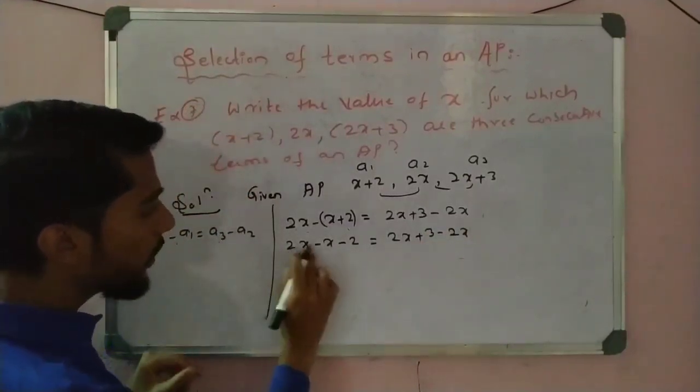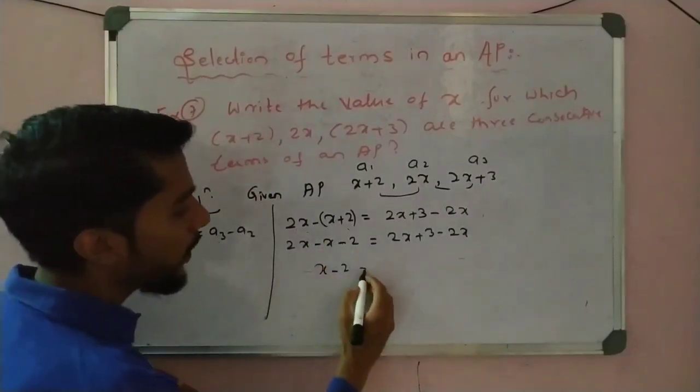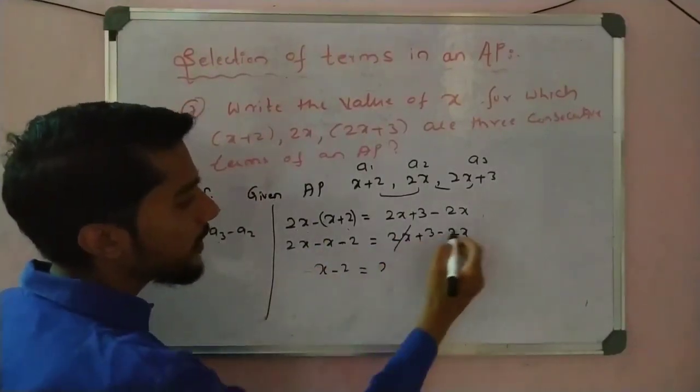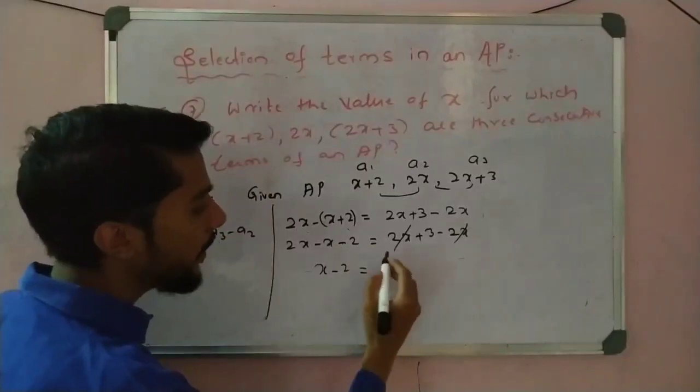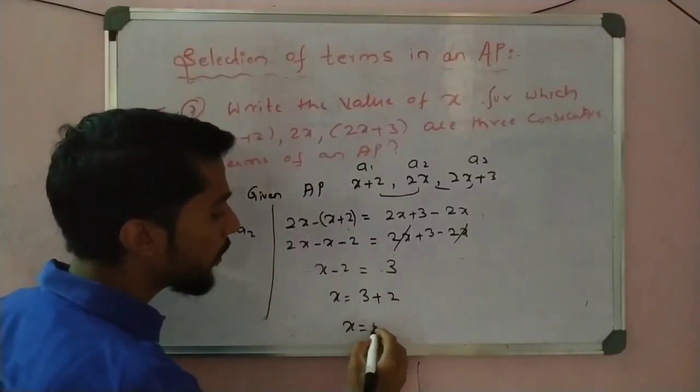So 2x minus x is x, minus 2. The 2x gets cancelled, so we get 3. So x is equal to 2 plus 3, so x is equal to 5.